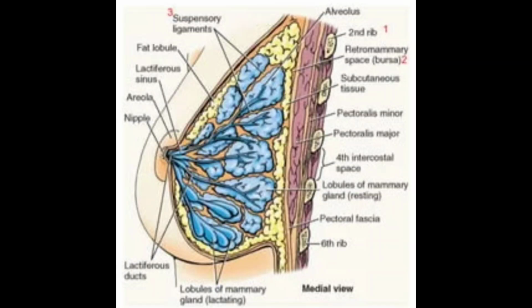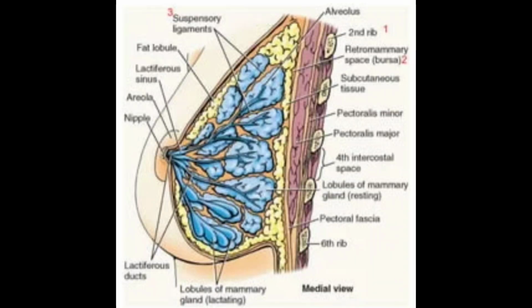So there will be a mammary space and there will be a retromammary space. Behind the retromammary space there will be subcutaneous tissues, then pectoralis minor, pectoralis major, and all these are posterior to the mammary gland, and anterior to the chest wall.